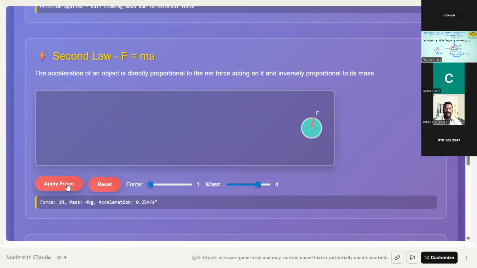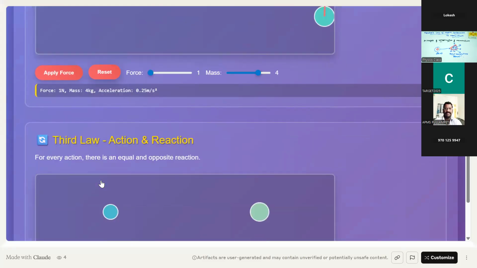You can see that acceleration decreases, because we already know that acceleration is inversely proportional to mass. So mass increases, acceleration decreases for a constant force. So force 1 Newton, mass 4 kg, acceleration 0.25 meter per second square. Is it clear? So this is F is equal to ma in action.